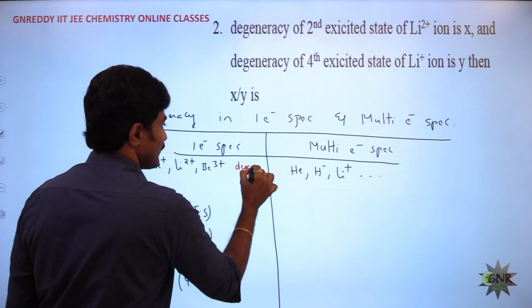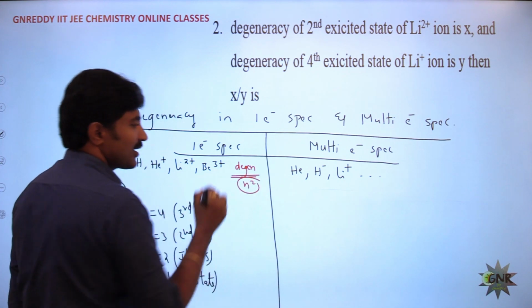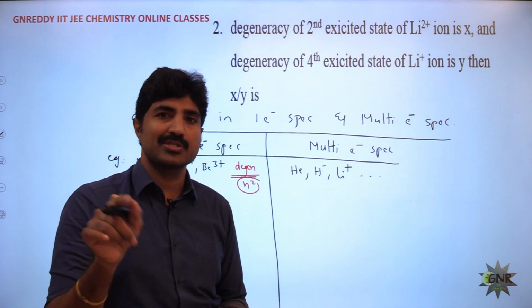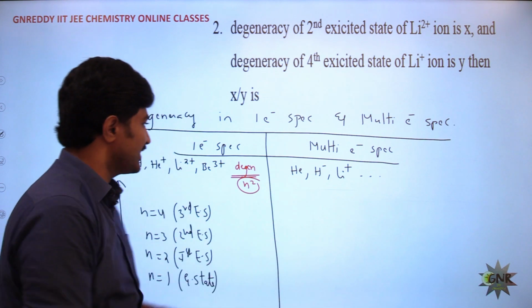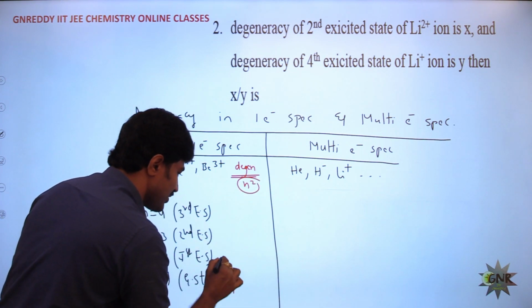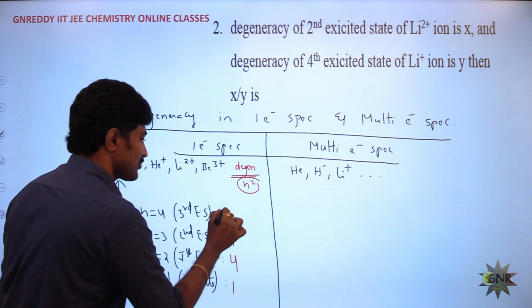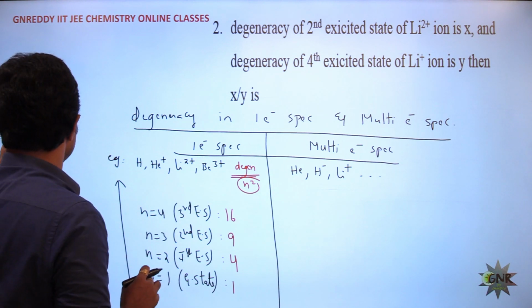It is n square only. In one-electron species, in a given main shell, there are subshells, and in those subshells there are orbitals, which have equal energy. So degeneracy is n square. So this is 1 square, which is 1, 2 square is 4, 3 square is 9, and 4 square is 16. Like this you can use degeneracy in one-electron species.